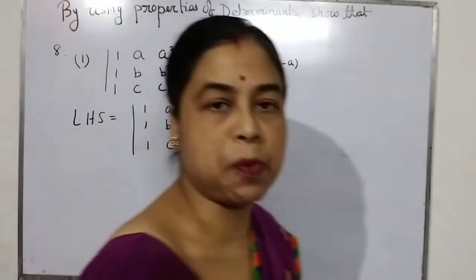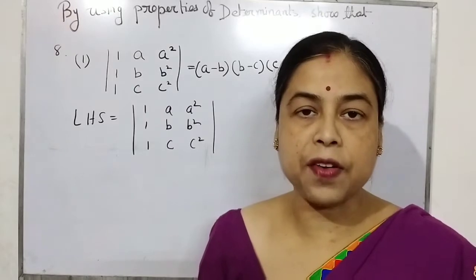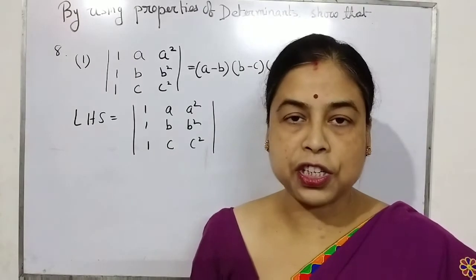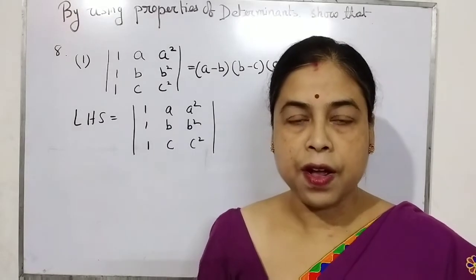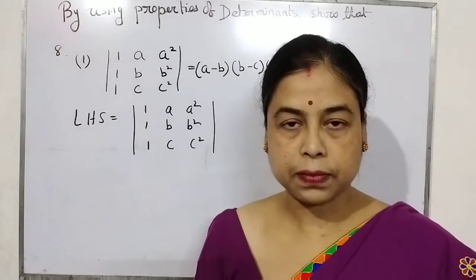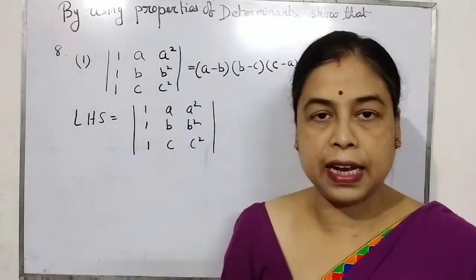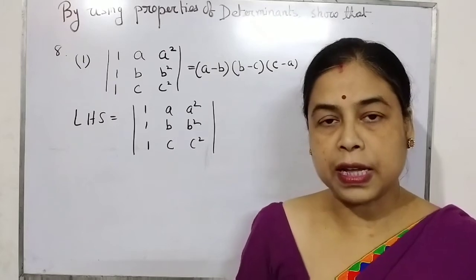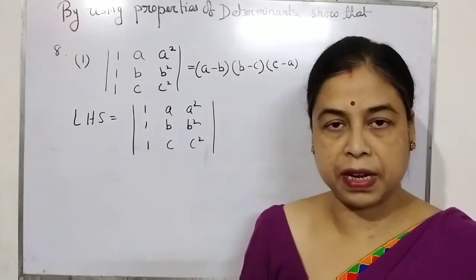Your first property is, if you interchange the rows and columns, the value of the determinant remains unchanged. Your second property is, if you interchange any two rows or columns, the value of the determinant remains as it is, but the sign will be changed. Third property is, if any two rows or columns are identical, then the value of the determinant is equal to 0. Fourth one is, if you have a common element in any row or column, you can take that common factor out of the determinant.